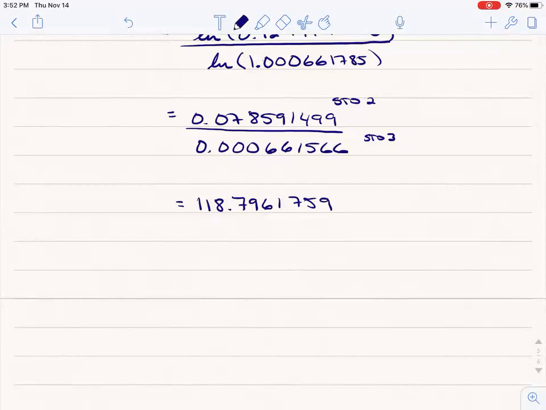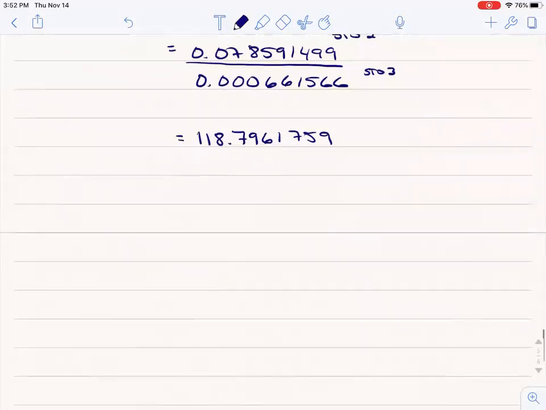So we're going to bump that up to 119 payments, just for seeing how long it's going to take in weeks. And so we would need n equal to 119 payments.